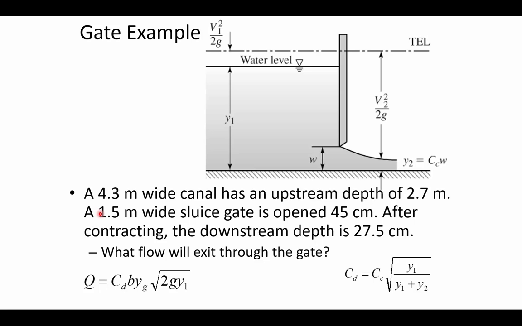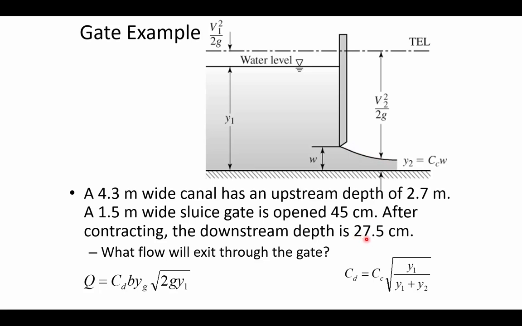What we're going to do is we're going to open up that gate 45 centimeters, and so W here on the figure is what the equation has as y sub g. So that's how open the gate is. And then after contracting means that after it tapers back down to its minimum depth, it gets to 27.5 centimeters.